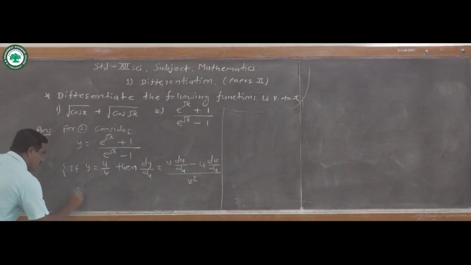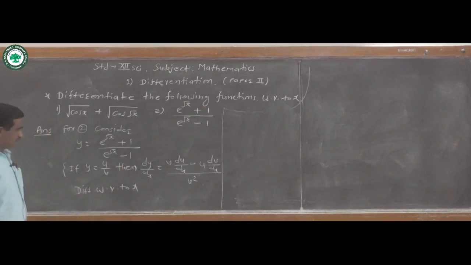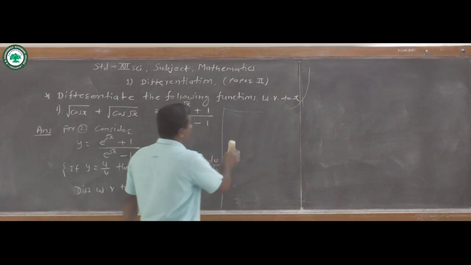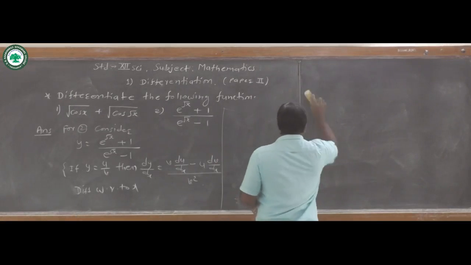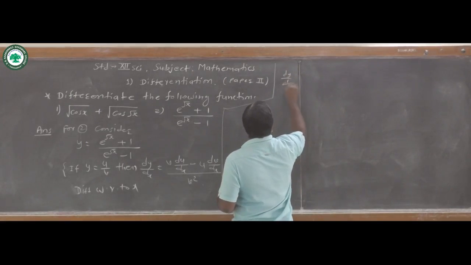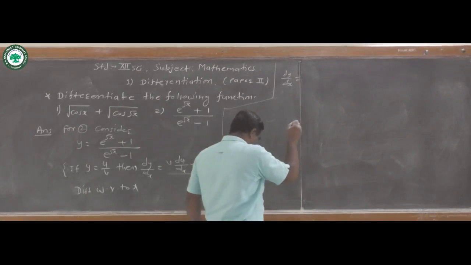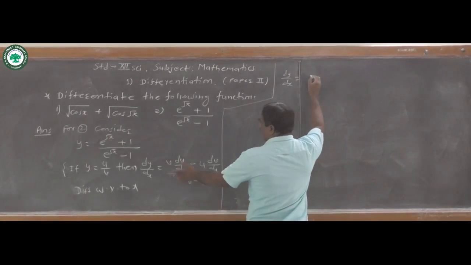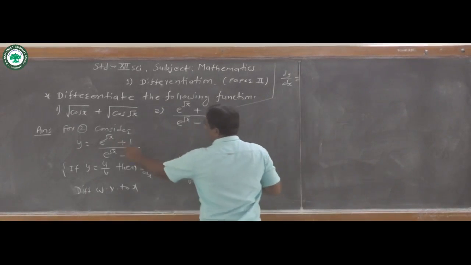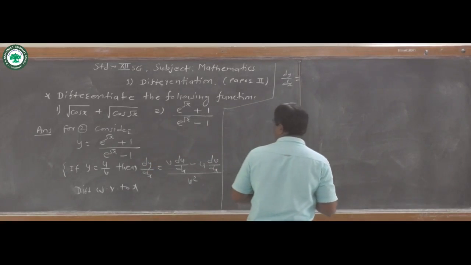Differentiate this equation with respect to x. Therefore derivative of y is dy by dx is equal to d by dx of, now we use here division rule. Value of u is e raised to root x plus 1 and value of v is e raised to root x minus 1.